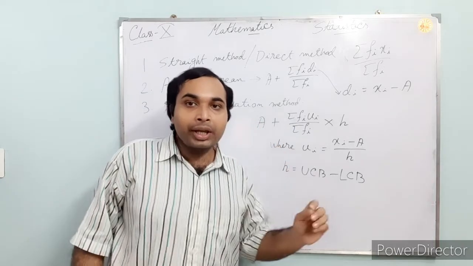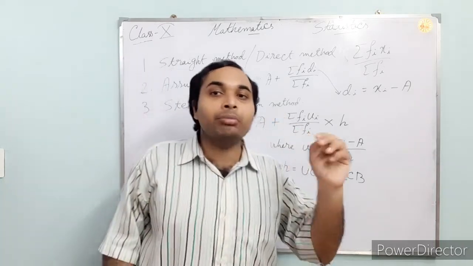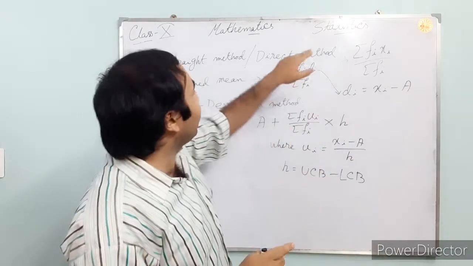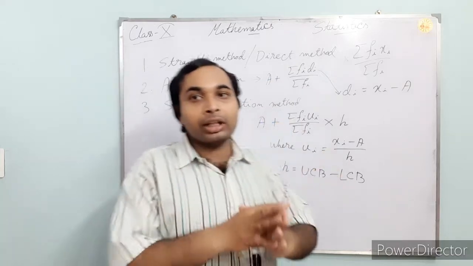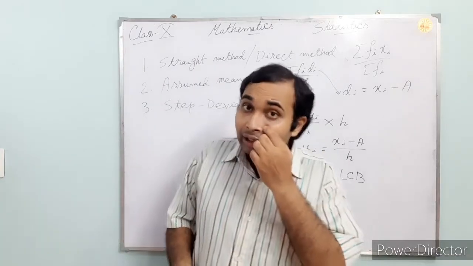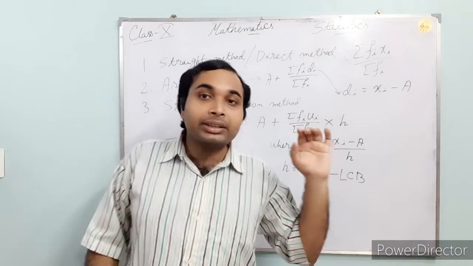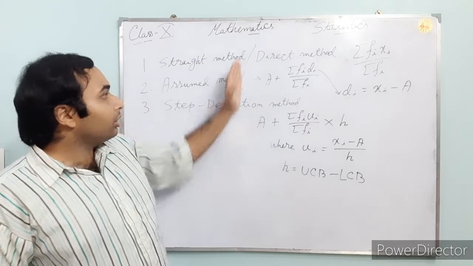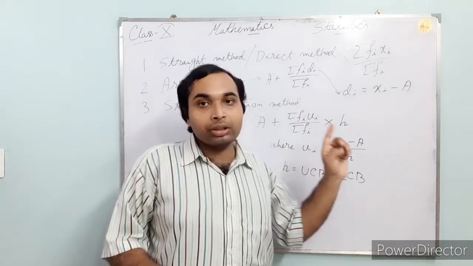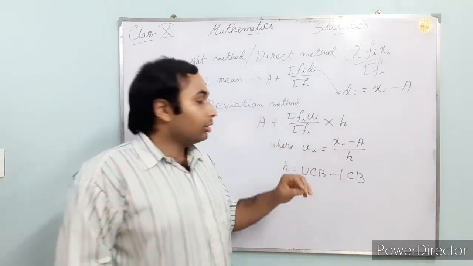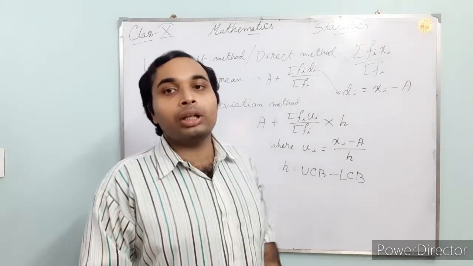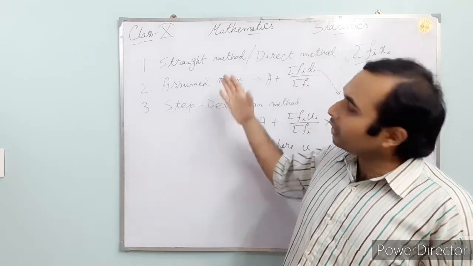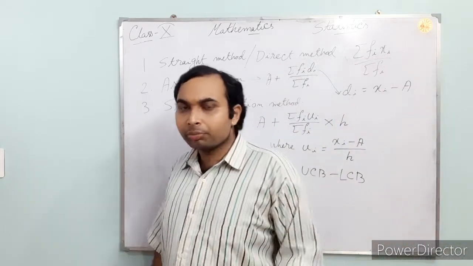But the calculations will be very much easy, whereas the direct method has the long, tedious, time consuming calculations. Among those three methods, the step deviation method is more scientific. If you have any doubts or are less confident about the step deviation method, then you can apply the direct method, no problem.